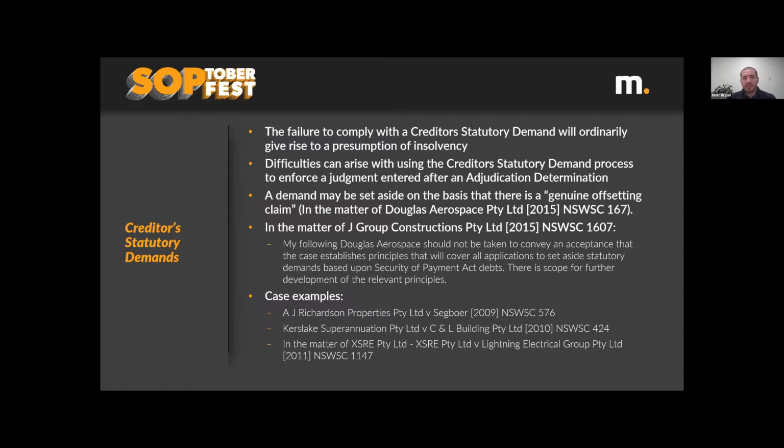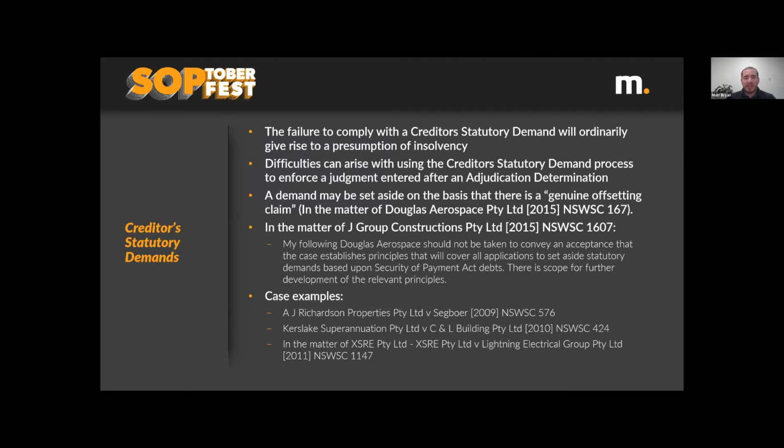Normally, a failure to comply with a statutory demand will give rise to a presumption of insolvency on the part of the other party, and that in turn will permit an application to be made to the Supreme Court for a winding up order and for a liquidator to be appointed to the other side.